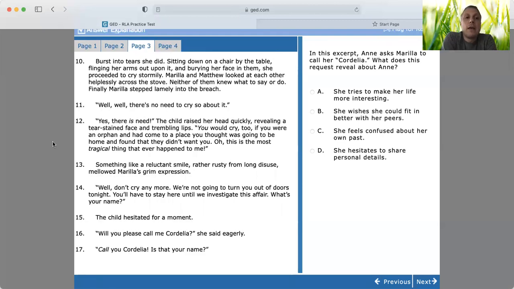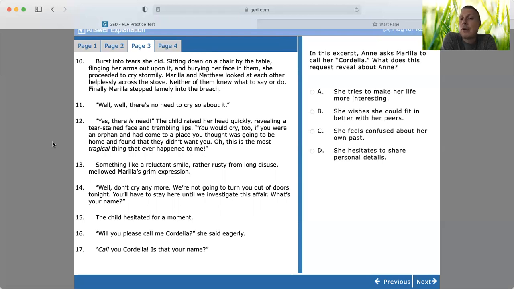Burst into tears she did, sitting down on a chair by the table, flinging her arms out upon it and burying her face in them. She proceeded to cry stormily. Marilla and Matthew looked at each other helplessly across the stove. Neither of them knew what to say or do. Finally, Marilla stepped lamely into the breach.